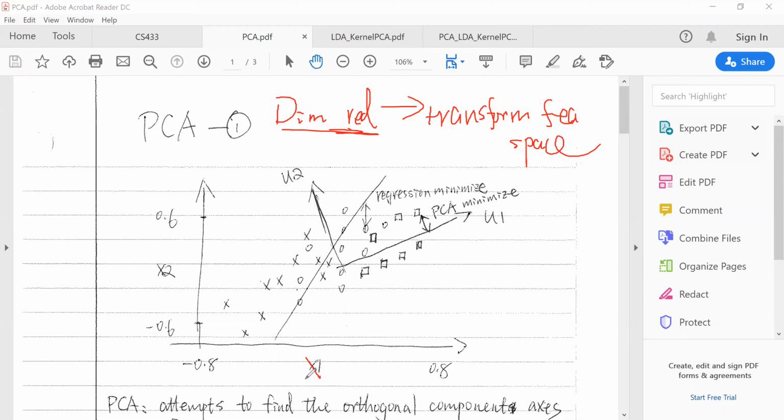Previously, suppose you have the features x1, x2. So this is the feature space, horizontal and vertical. And then you have some samples. Those samples, you have star samples, and you also have circle samples, and you also have square samples. And through this diagram, this figure, we can see if you pick some feature space, it looks like this, like U1 and U2.